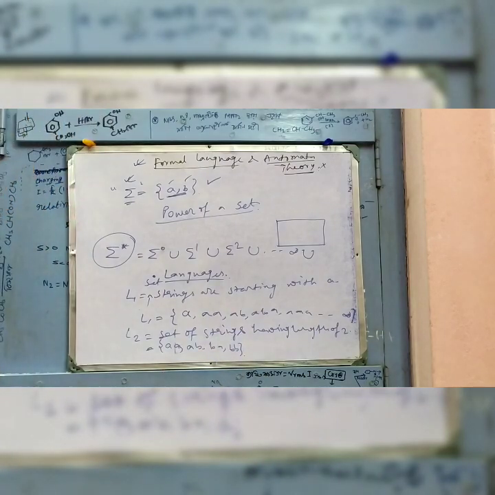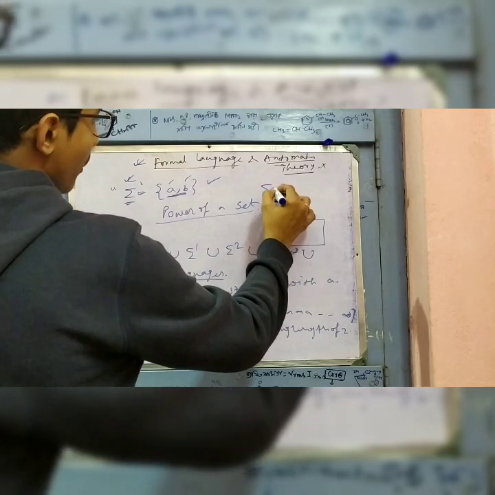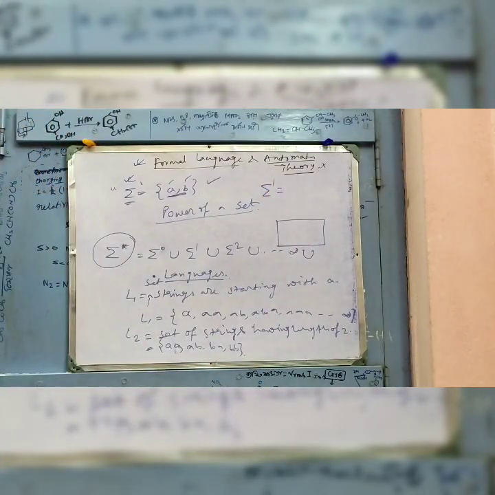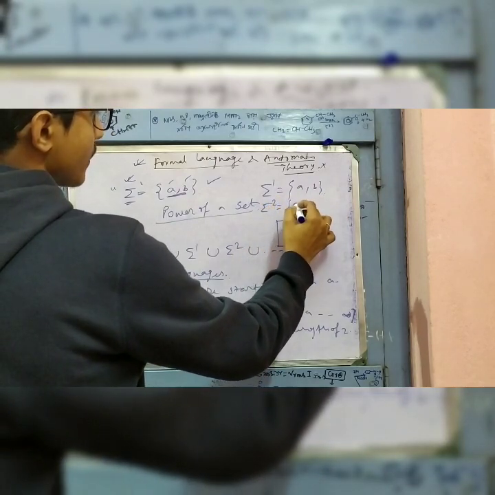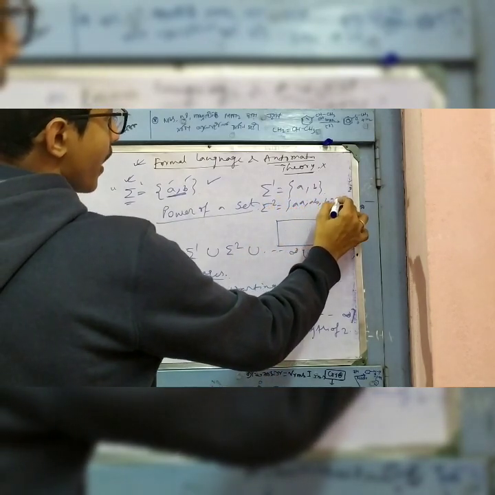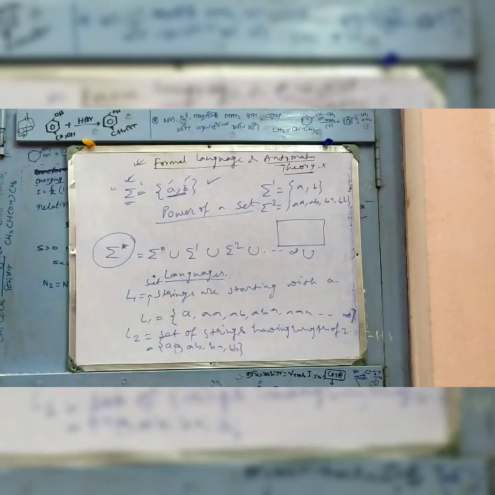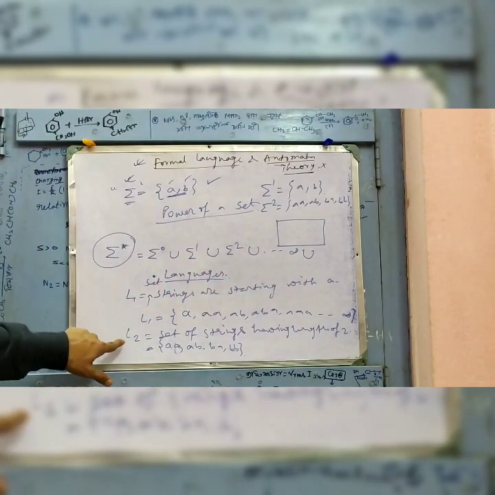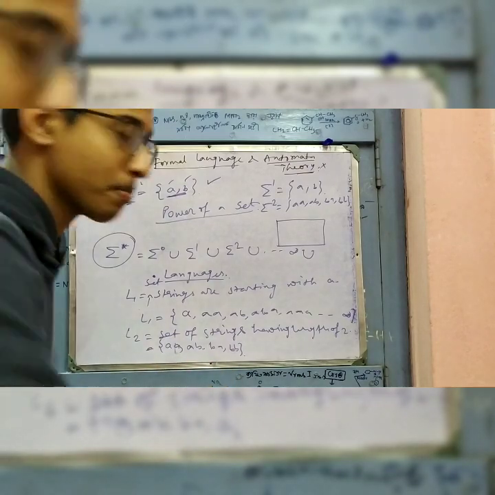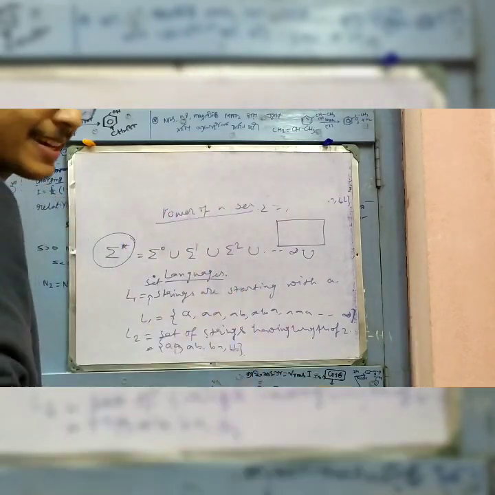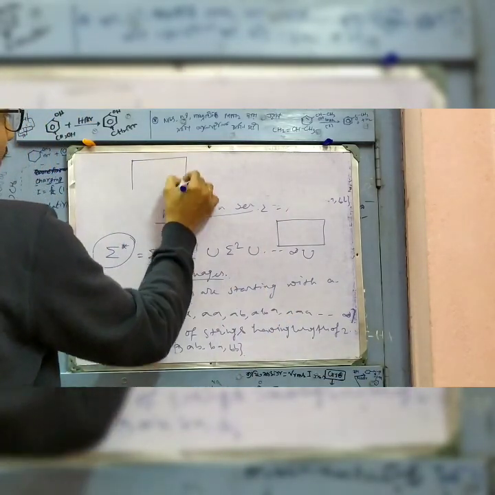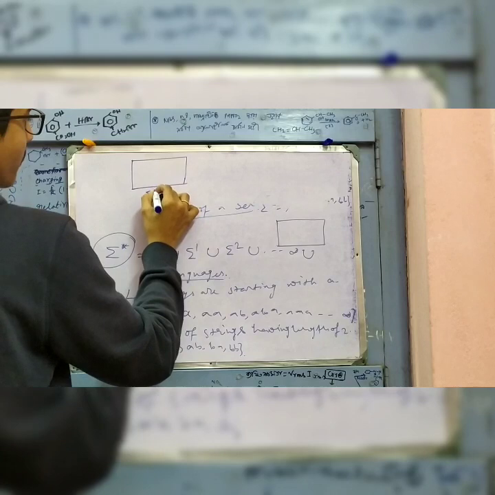Fine. So you can see, what is sigma 1? Sigma 1 is nothing but the strings of length 1, A and B. What is sigma 2? This is AA, AB, BA, and BB. Are you getting it? Sigma 2 is L2. Okay, let's take this as sigma star.